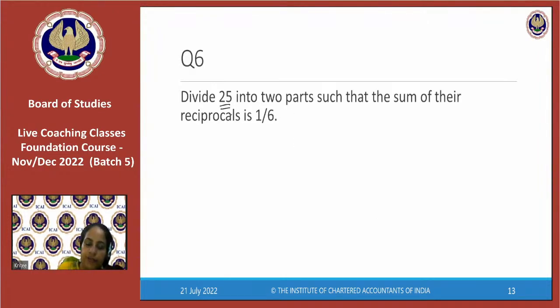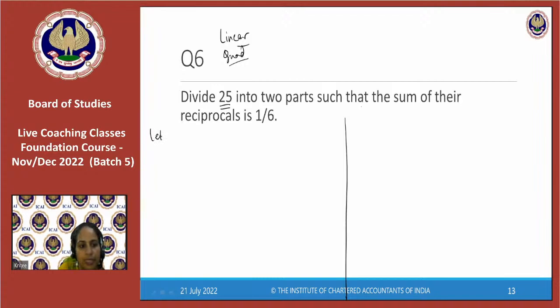Divide 25 into two parts such that the sum of their reciprocals is 1/6. Very easy. We can do it with either of the ways. We can do it as a linear equation, or we can do it with a quadratic equation. Both are going to give you the same answer. I'll just quickly tell you. 25 is a number and we have to divide it in two parts.